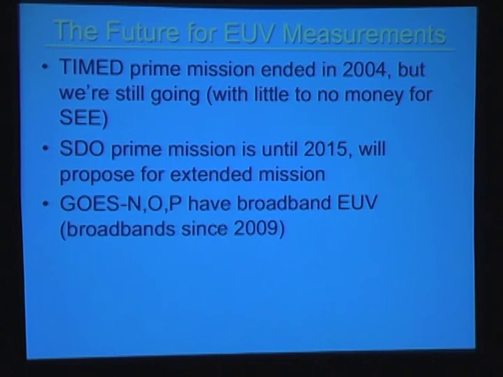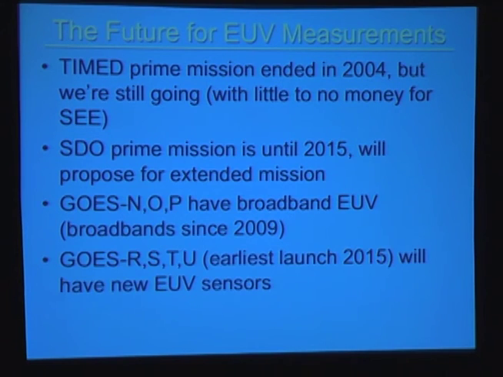The current series of GOES satellites, the N, O and P satellites, have for the first time EUV instruments. They're broadband measurements, and they've been measuring since 2009. The next generation of GOES, which will launch as early as 2015, and we're just building these instruments now, has a new kind of EUV sensor.